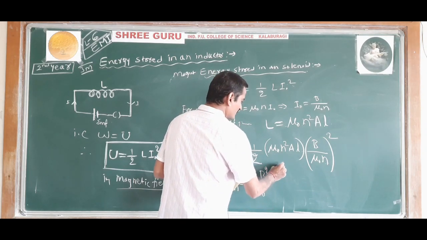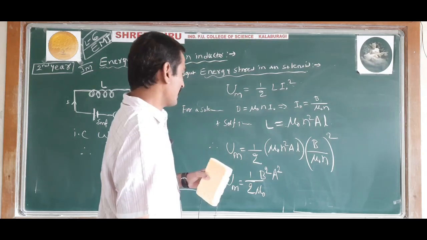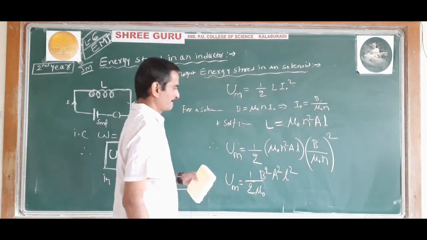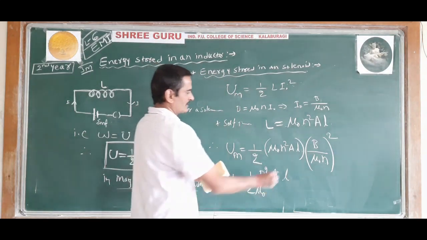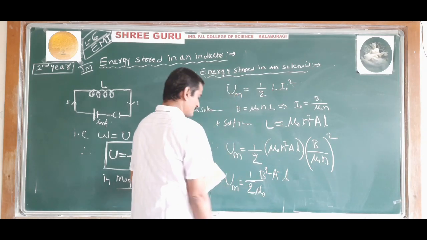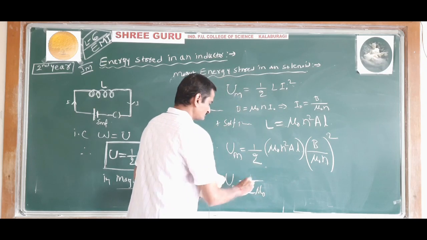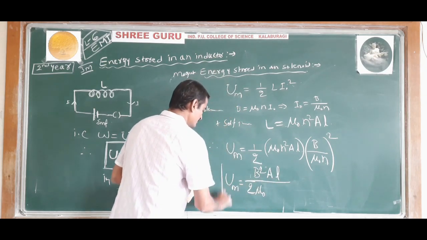So we get B square, A square, L square, divided by A L. Only B has to be squared, not A L. So B square A L divided by 2 mu naught.